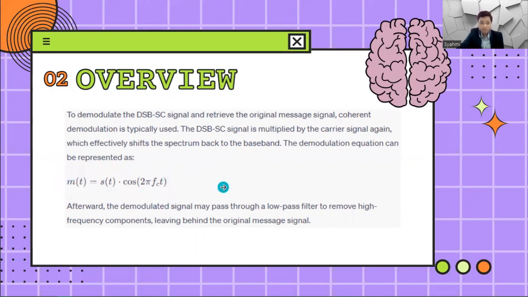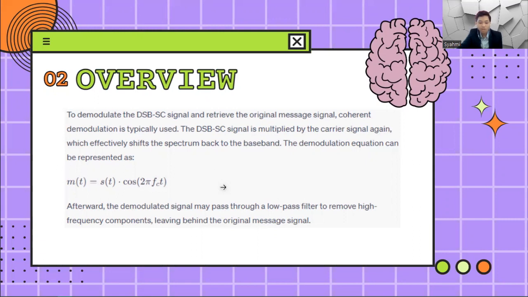Afterward, the demodulated signal may pass through a low-pass filter to remove high frequency components, leaving behind the original message signal. It is important to note that DSB-SC modulation is not widely used in practical communication systems due to its inefficient use of power and bandwidth.